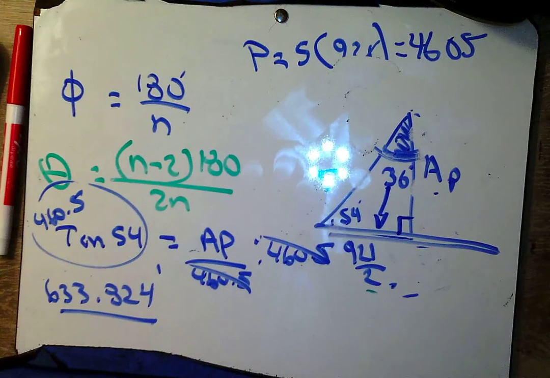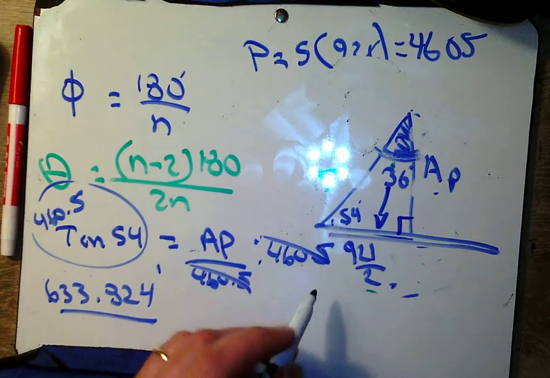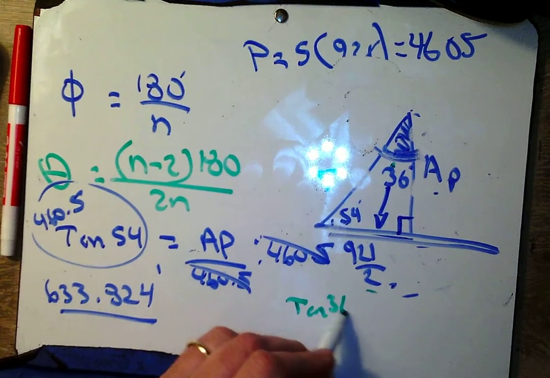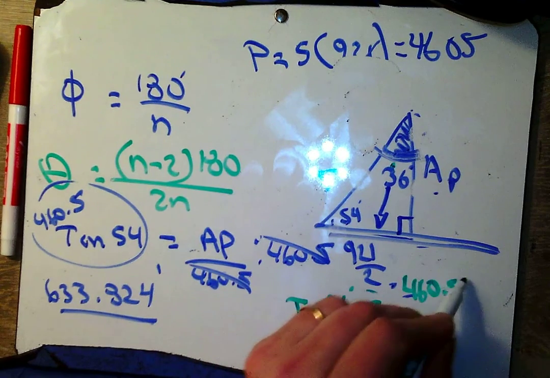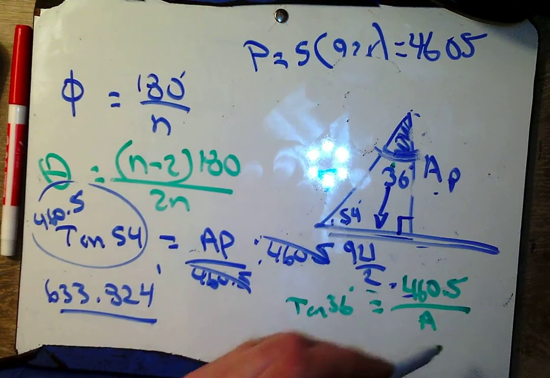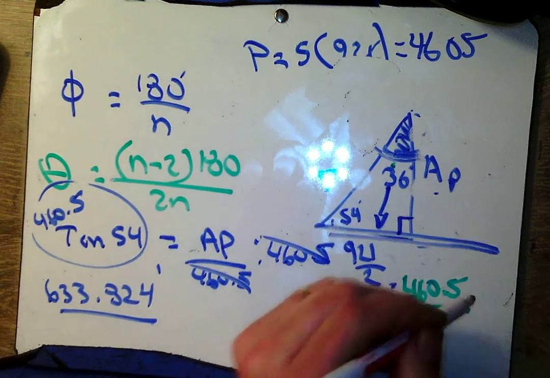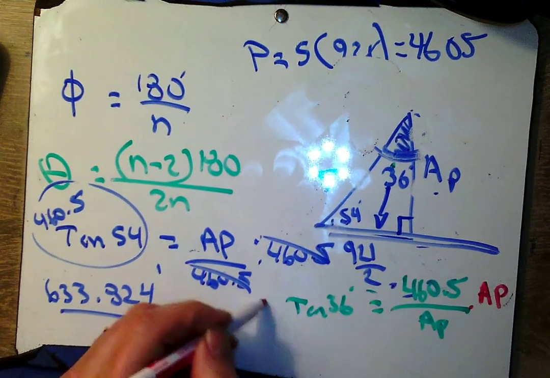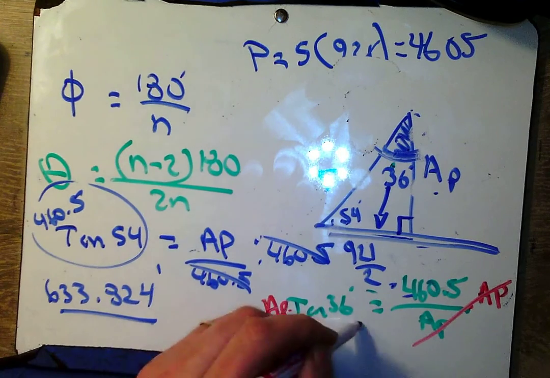Okay, that's the apothem. Oh, you want to see that other one? Sure. Okay. So if we were using the 36, we'd have tan 36 equals opposite 460.5 over apothem. What would I do here to solve? No worries. Like I've been saying since August, multiply both sides to clear out the fraction. And then we want this alone. They're attached with multiplication.